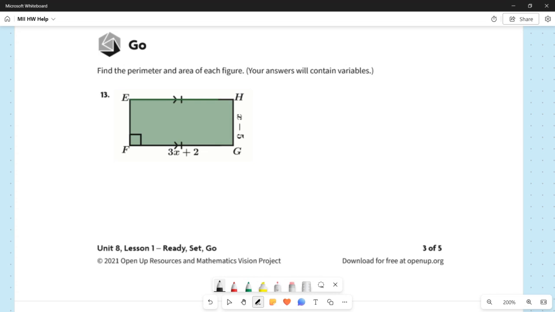As always, we'll wrap things up in the Go section, and the directions here say, find the perimeter and area of each figure. Your answers will contain variables. So we'll start with number 13. With number 13, we have a quadrilateral, EFGH, and EFGH certainly looks like a rectangle.